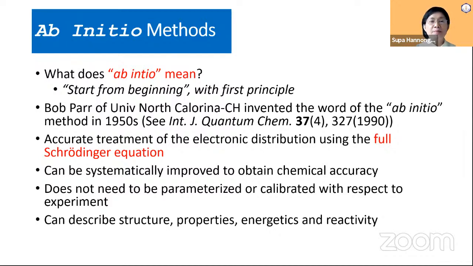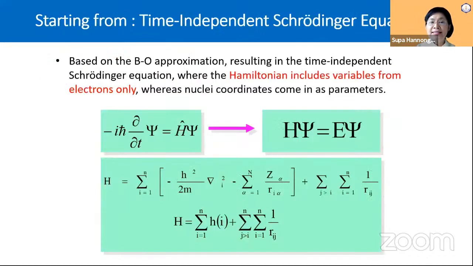And in computational chemistry, it is the main method that we try to use to solve our system at best, but sometimes it's not easy. Okay, and then we will start from the Schrödinger equation, where we consider the time independent Schrödinger equation. We cannot include the time dependent one due to its complexity.